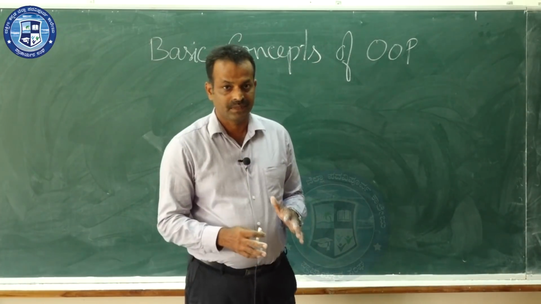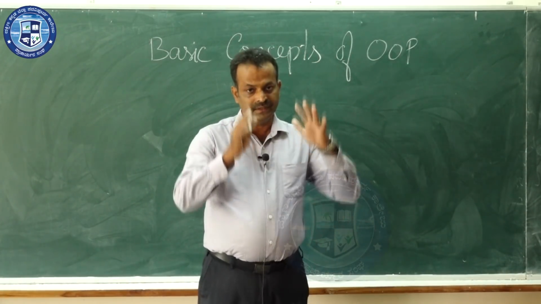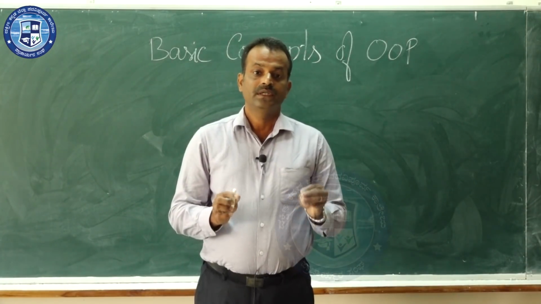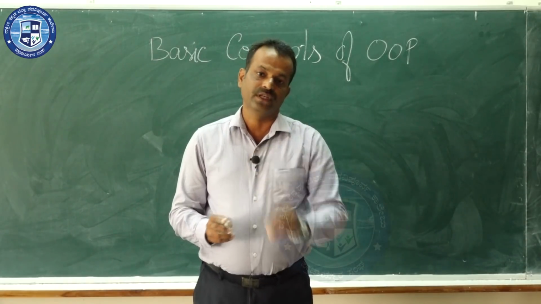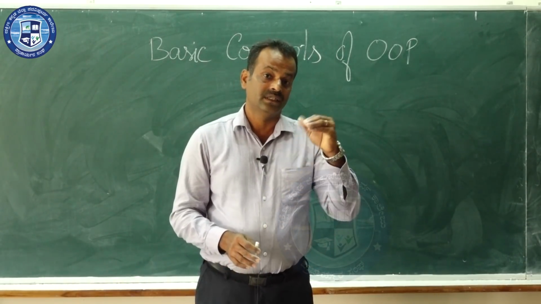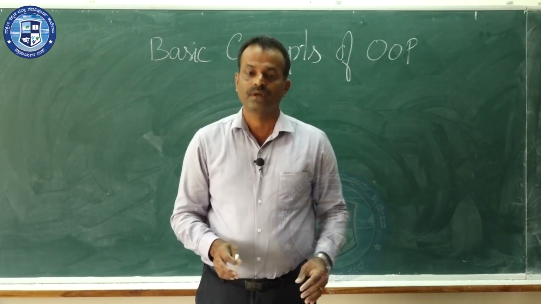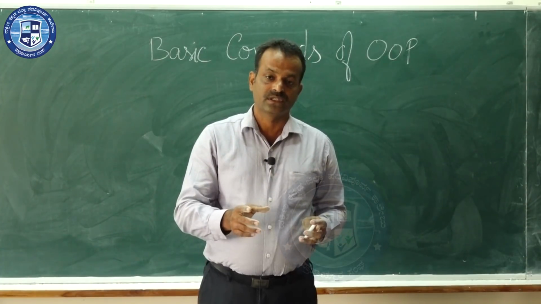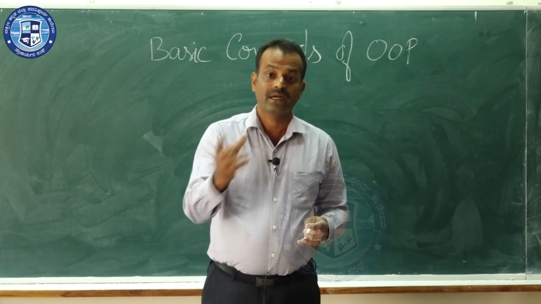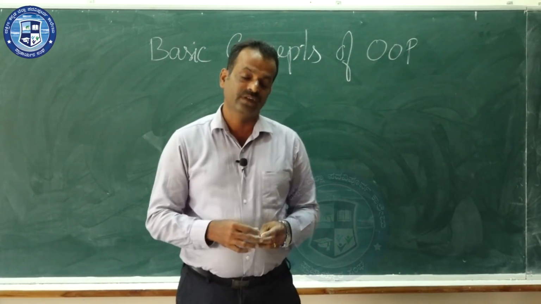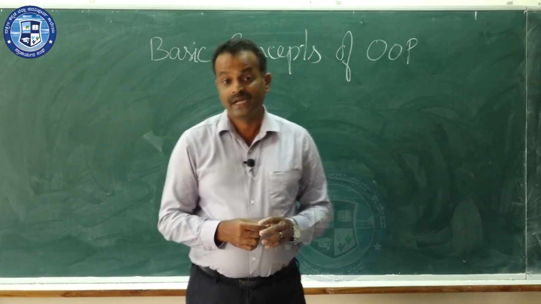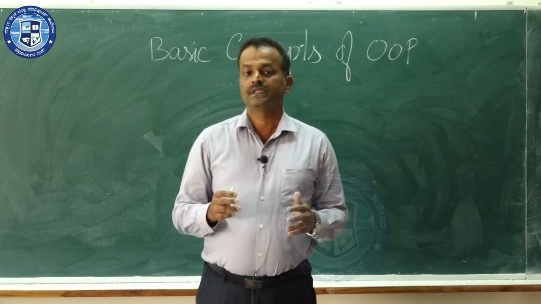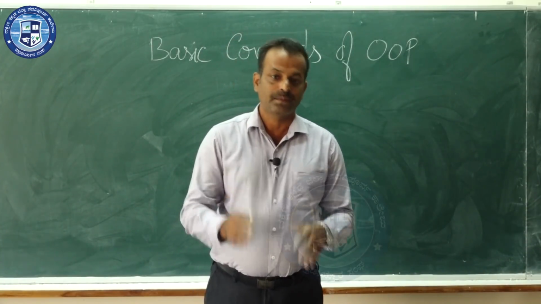So data abstraction means, when the programs are complex, you are just given some interfaces to use and the background details are hidden from the user. The process of hiding the background details and providing the essential features is known as data abstraction.